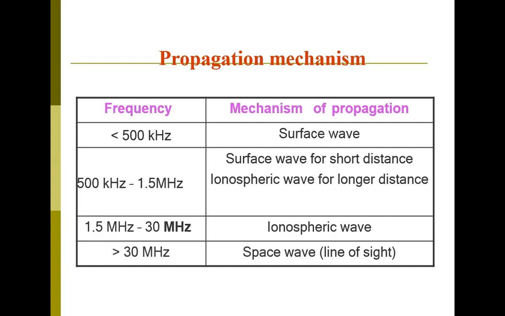Surface wave for short distance, if it is less than 500 kilohertz, then it is surface wave. 500 kilohertz to 1.5 megahertz, surface wave for short distance. 1.5 to 30 megahertz, ionospheric wave. Greater than 30 megahertz, that is line of sight.